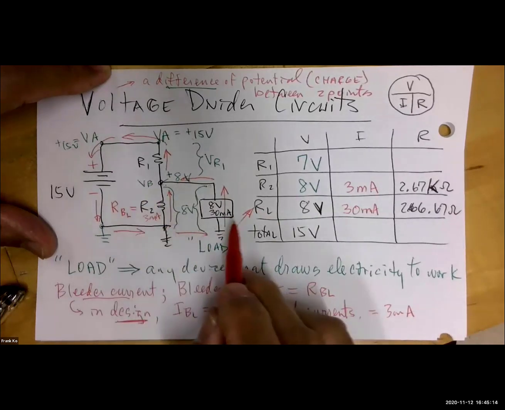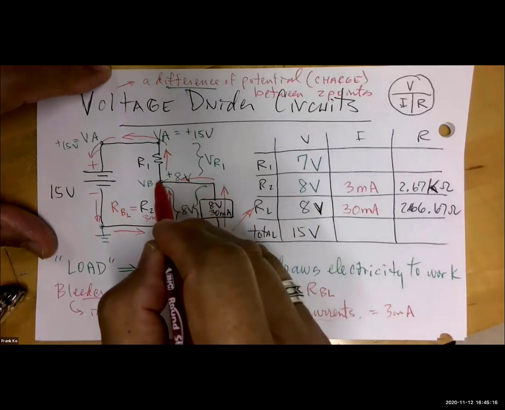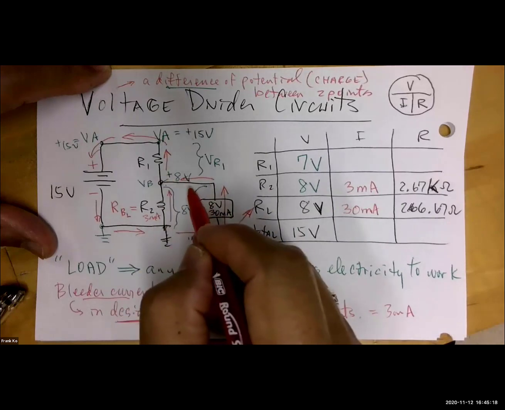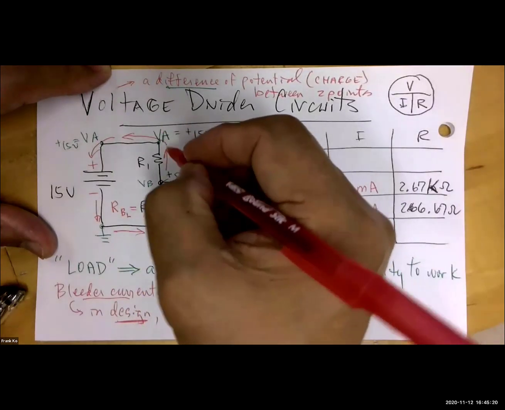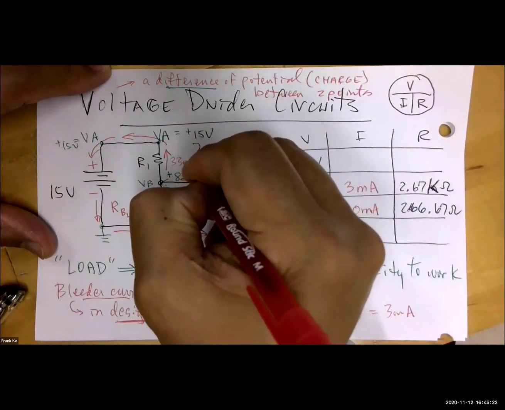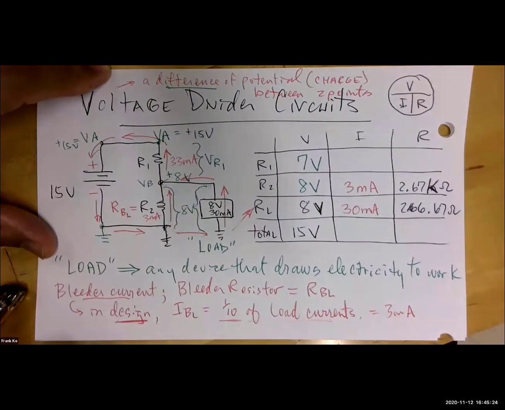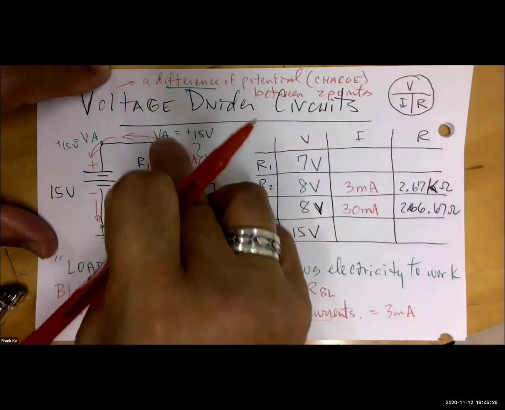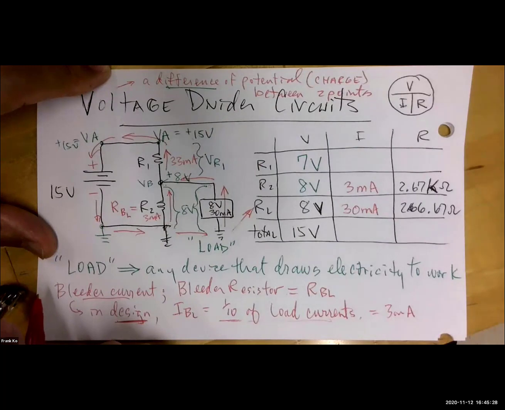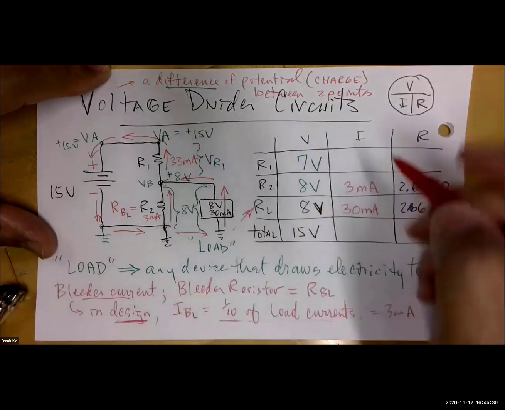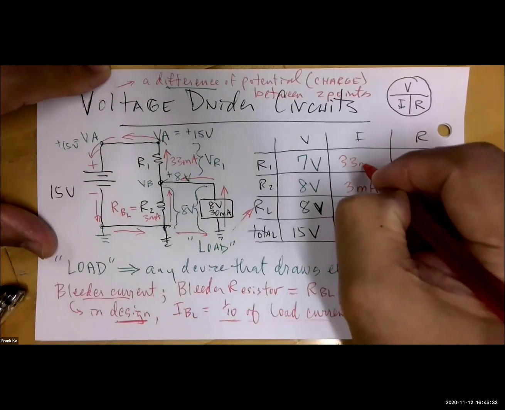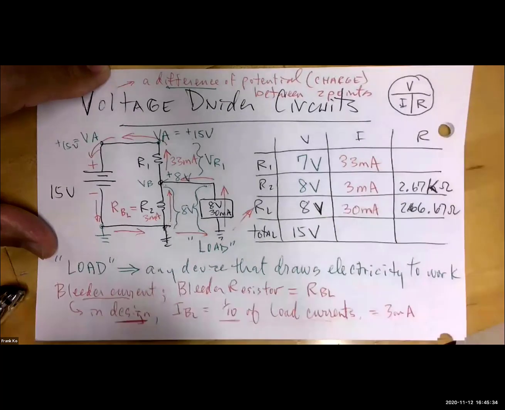What happens at node B? They combine to give us 33 milliamps going through R1. Does everybody see how that adds up to 33 milliamps? So far, so good.